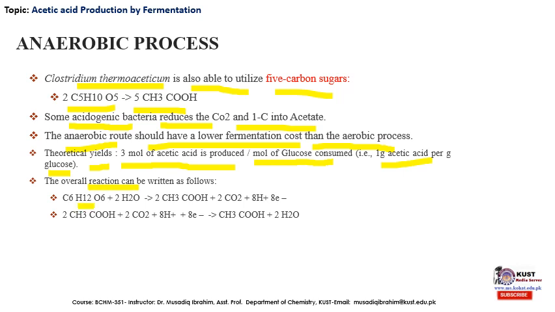You have a hexose molecule plus 2 water molecules, giving you 2 acetic acid molecules plus 2 carbon dioxide molecules and 8 protons. And then the 2 carbon dioxide molecules and the 8 protons give you acetic acid plus 2 water molecules.